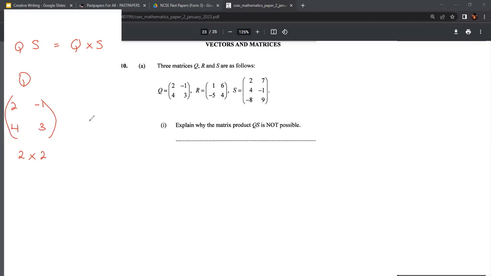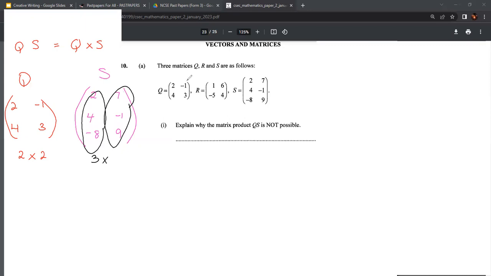That's the answer. And then S, it was 2, 7, 4, -1, -8, 9. So this one, the number of rows would have been 1, 2, 3 rows, by the number of columns, we have 1, 2 columns.